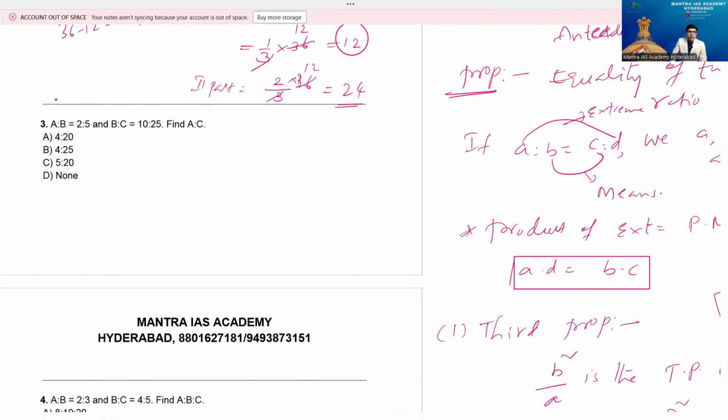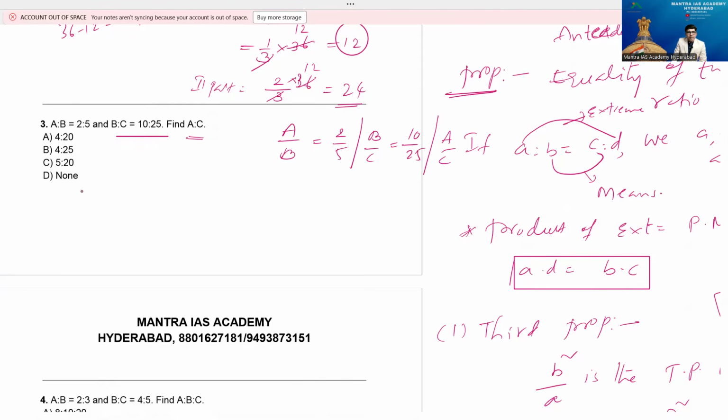Now, problem number 3. A is to B, he gave us 2 is to 5. B is to C is 10 is to 25. And the target is A is to C. A is to B is A by B, 2 by 5. And B by C is 10 by 25. The question is, what is A by C?